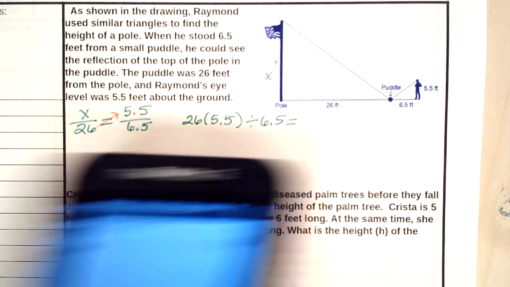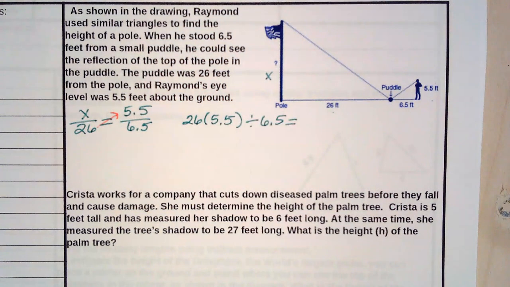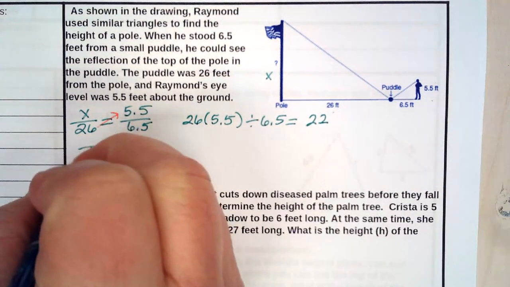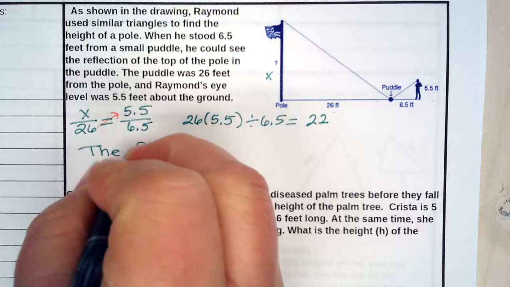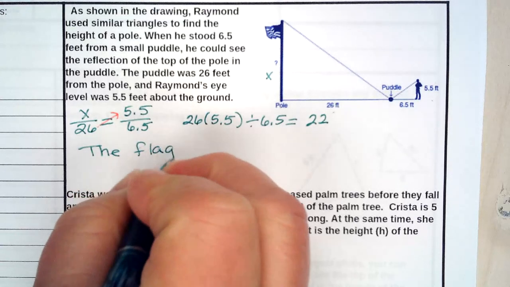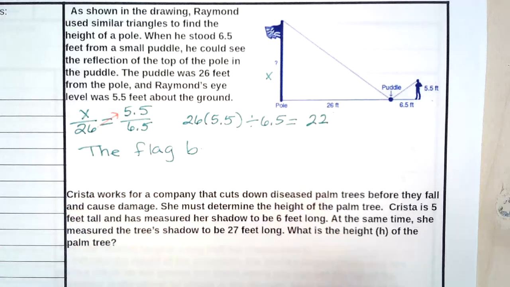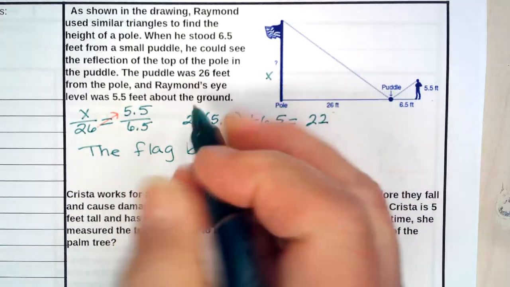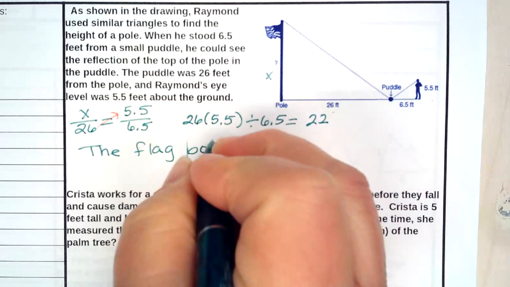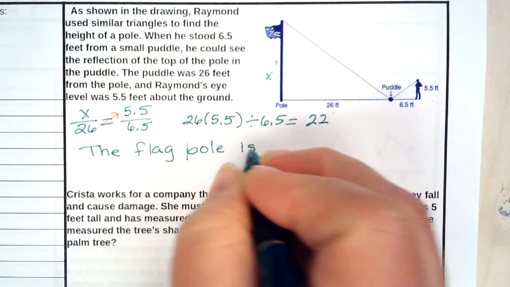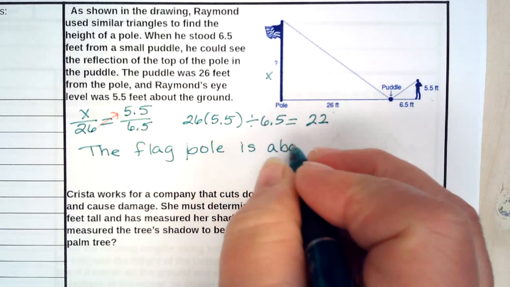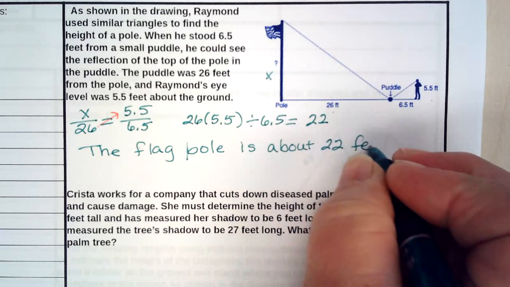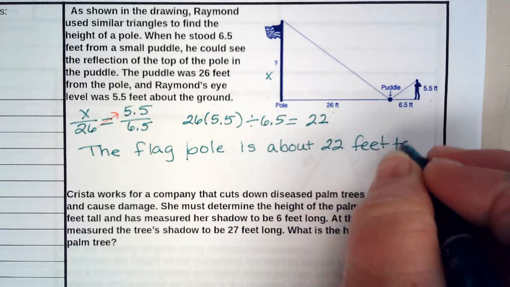You end up with 22. The flagpole is about 22 feet tall.